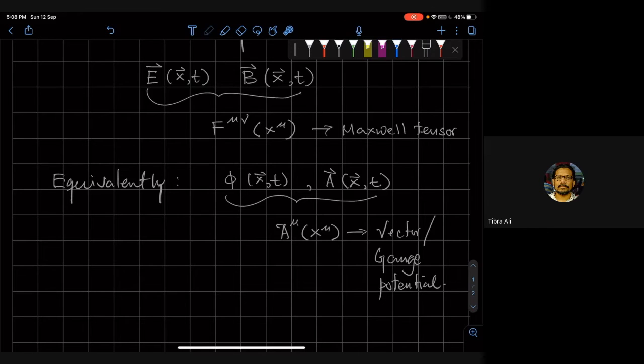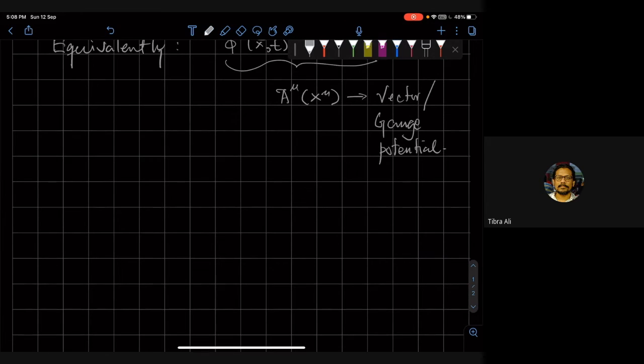For example, the scalar potential and the vector potential are related to the electric field and the magnetic field via these formulae. In some sense, this is, well, in every sense, this is the definition of the potentials.